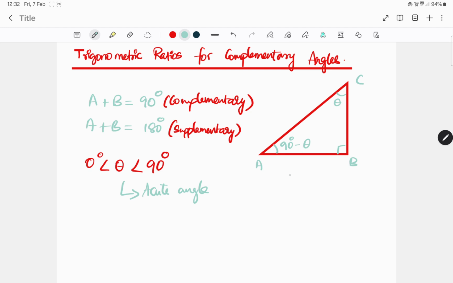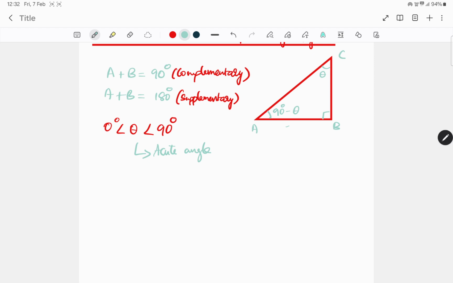How do we get that? The sum of angles in a triangle is 180 degree. These two angles, theta and 90 degree minus theta, will always be acute angles, that is, less than 90 degree. In a right angle triangle only one angle is 90 degree, and the remaining two angles will always be acute, right?